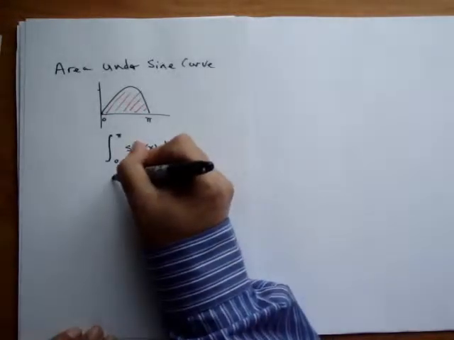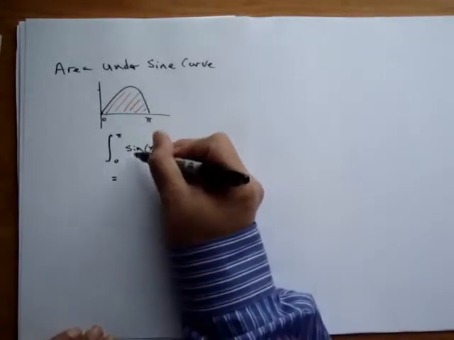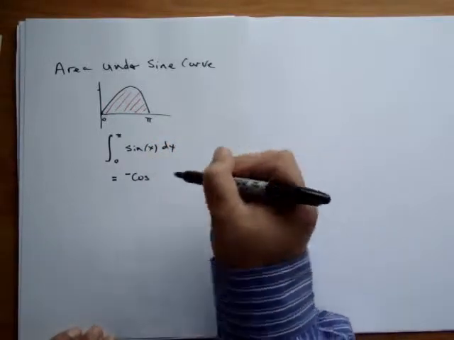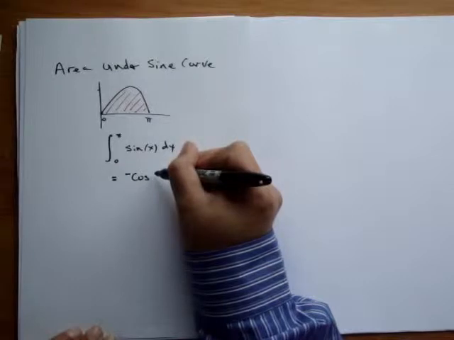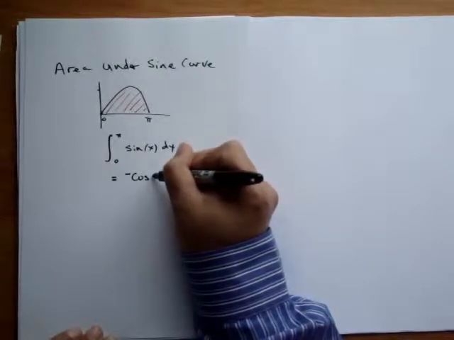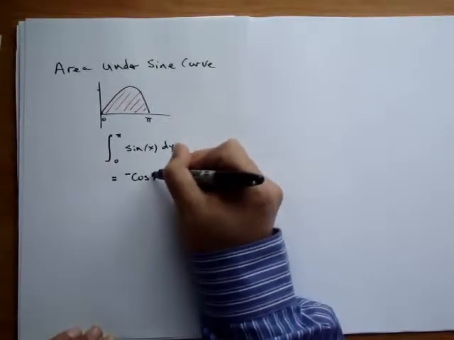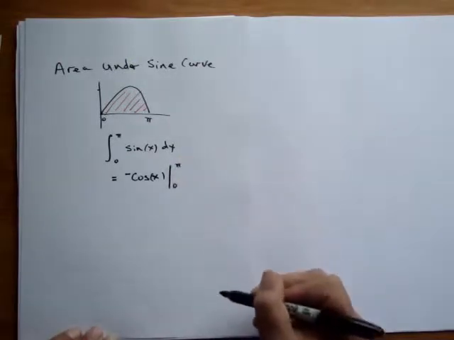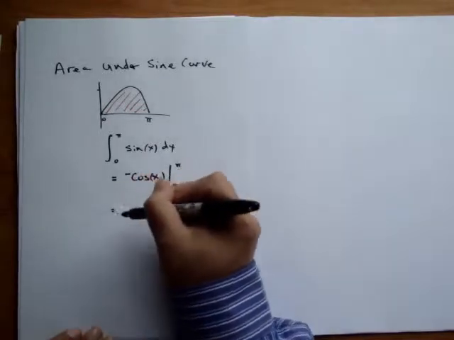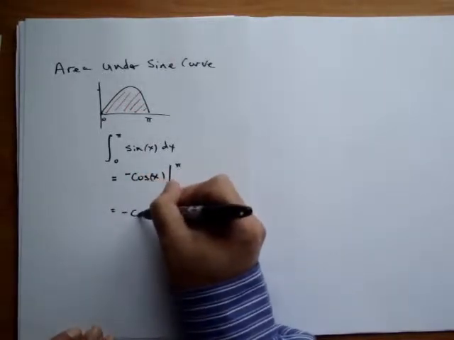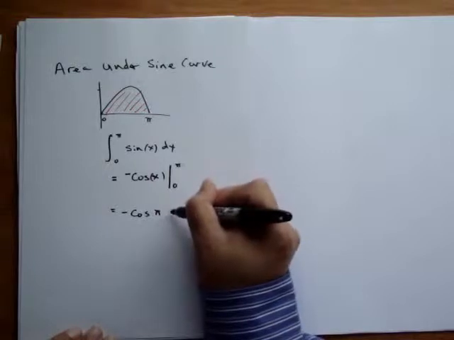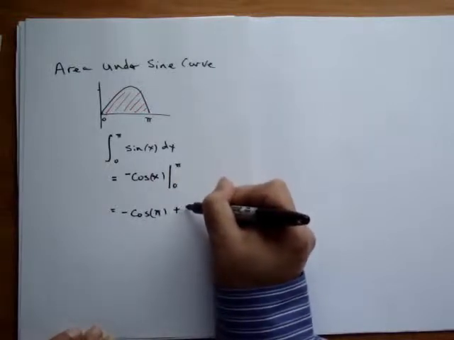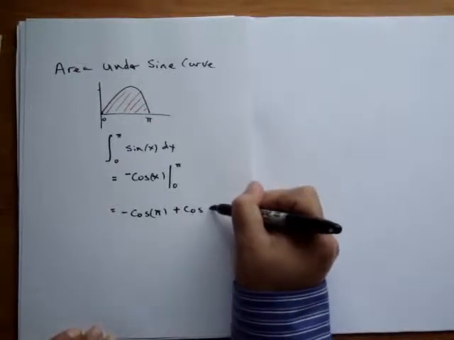So when we do the integral, the integral of sine x is minus cos, and we're going to do that between the limits of 0 to pi, and this then becomes minus cos pi plus cos 0.